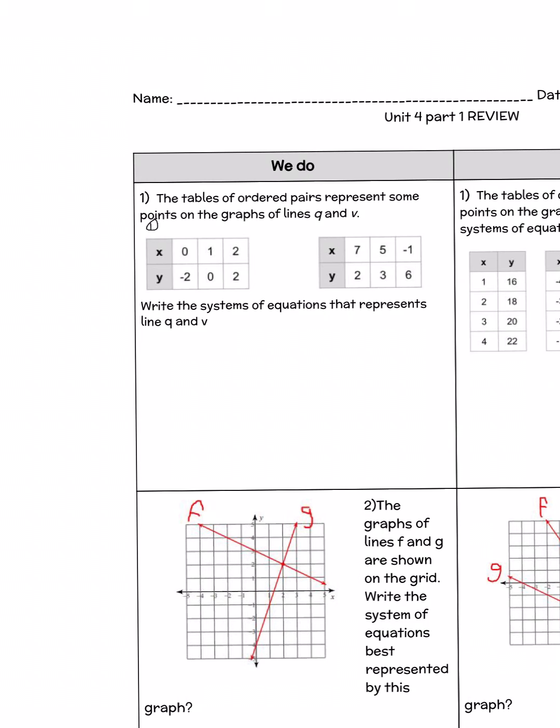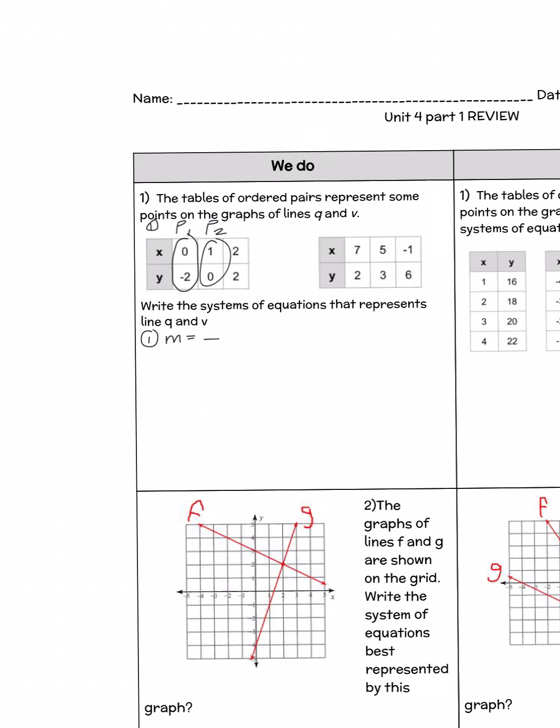So number 1, we're going to have to find the slope. For table 1, what is the slope? I notice one thing, that I have a y-intercept here because it's going to be (0, -2). So if I do that, then I choose another point. This is P1 and this is P2.